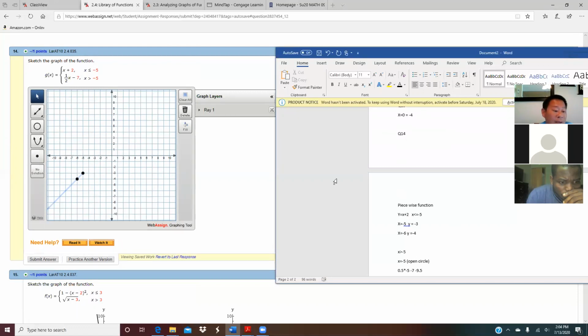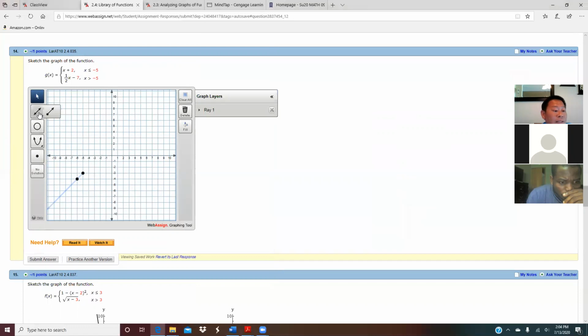At -5, you will be at -9.5. So you select the ray again, and then you go to -5, -9.5, somewhere here. If you look at this, it's not 9.5, right? So we'll change that. I'll teach you how to change this so that it becomes 9.5, because it has to be 9.5 in this case.